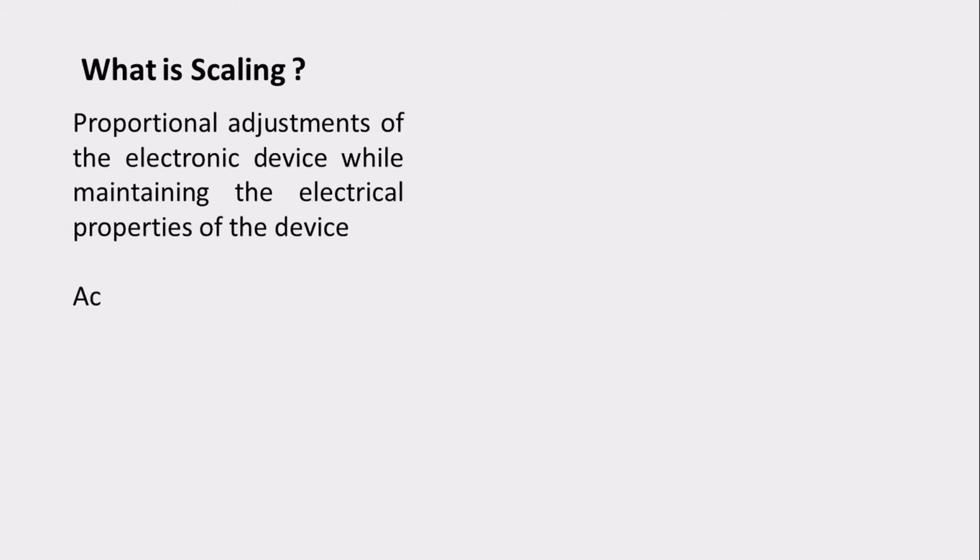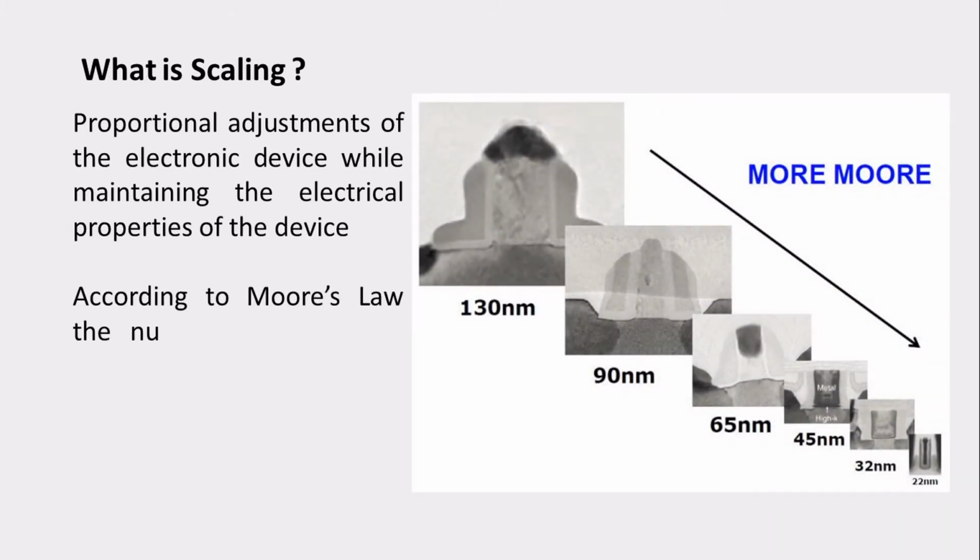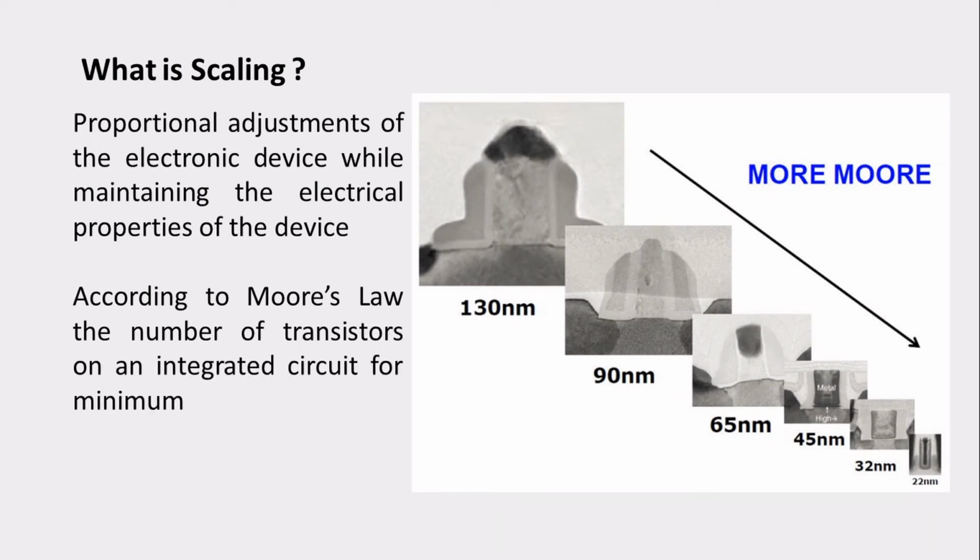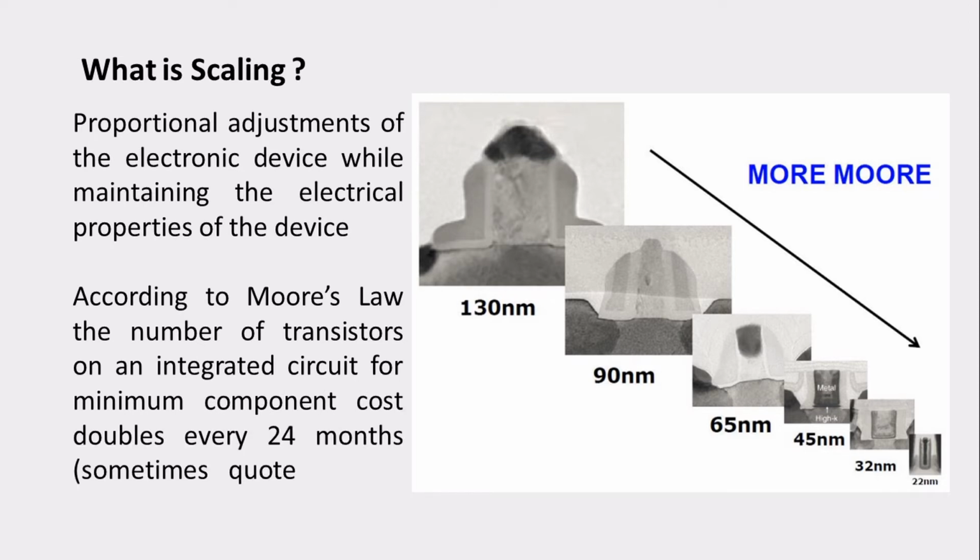So what do you mean by scaling? Scaling is a proportional adjustment of the electronic devices while maintaining the electrical properties of the device. Somewhere in 1965, Moore said that the number of transistors in a chip has to be doubled every 24 months or 18 months.